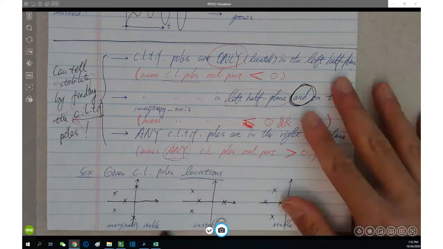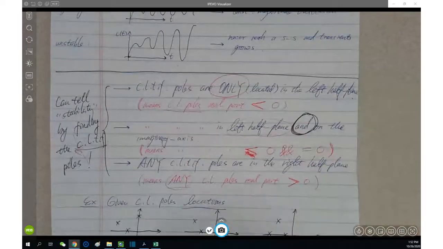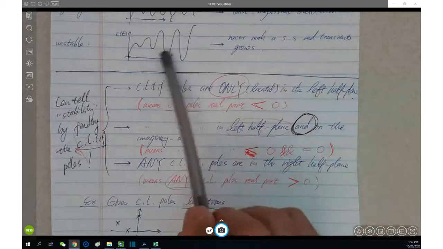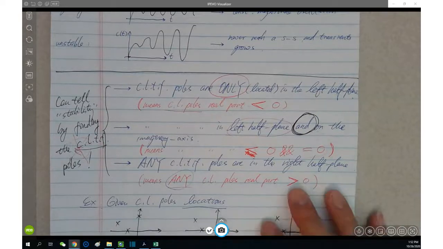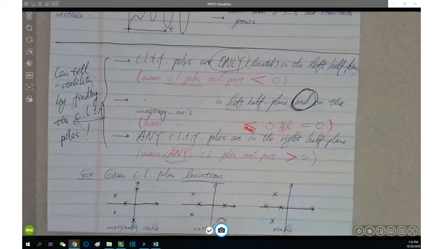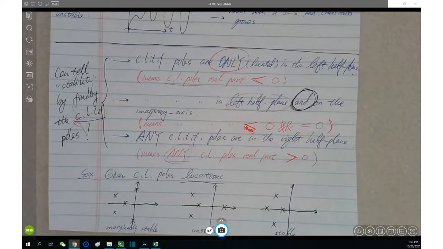Because obviously we can't wait until seeing the disaster happen to know it is an unstable system, right? We can't do that. That's terrible. We have to be able to predict. We have to be able to tell before seeing the output happen. And how? Closed loop transfer function poles can tell that.